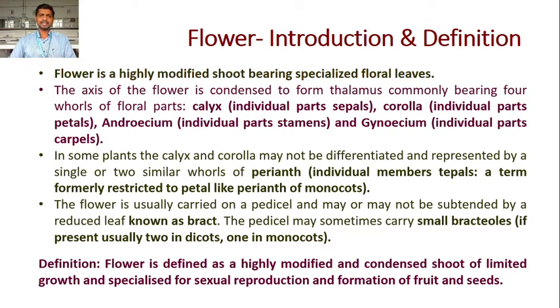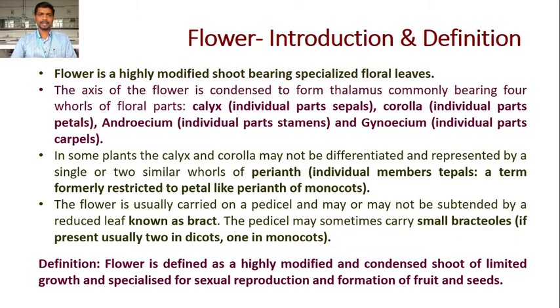So all these functions are performed by the flower. In flowering plants, for example angiosperms, the flower is meant for sexual reproduction; it is a highly modified, condensed shoot of limited growth, specialized for sexual reproduction and formation of fruit and seeds. So this is about the flower.